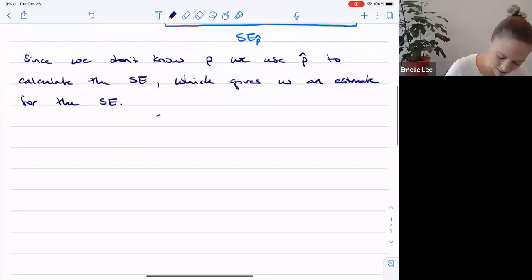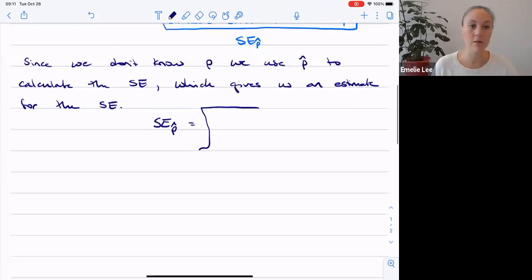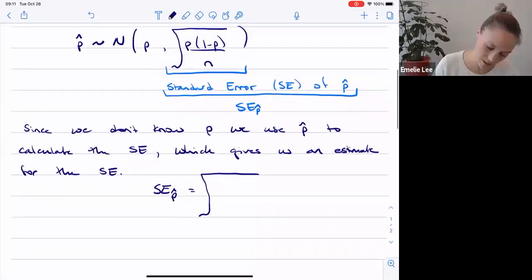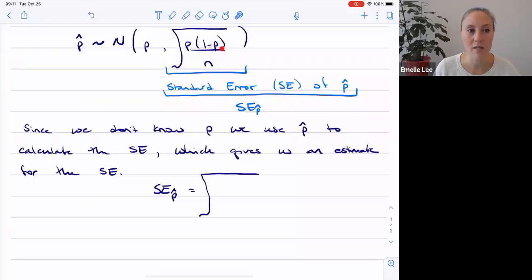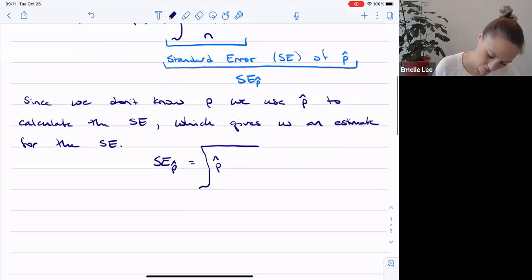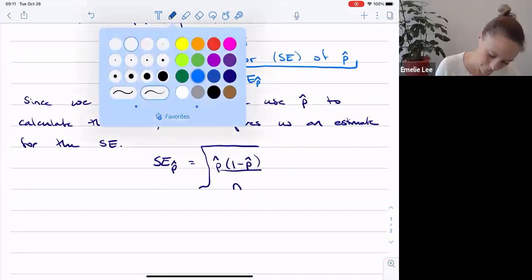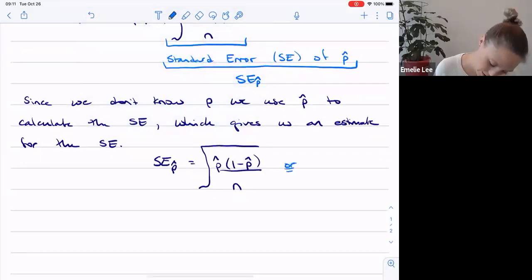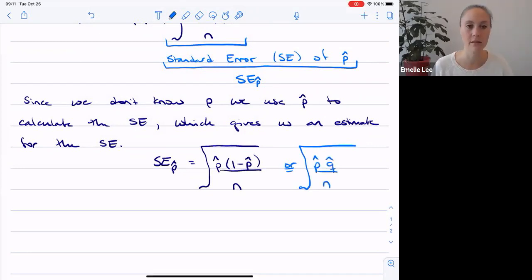So for us, the standard error of p hat, when we go to apply it, is not going to be p and 1 minus p, it's going to be the square root of p hat times 1 minus p hat over n, or p hat q hat over n, if you like to use q's instead of 1 minus p, which I do.